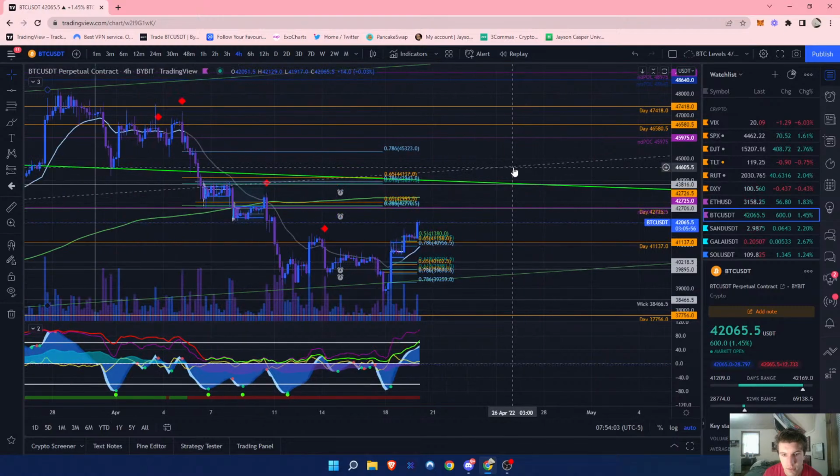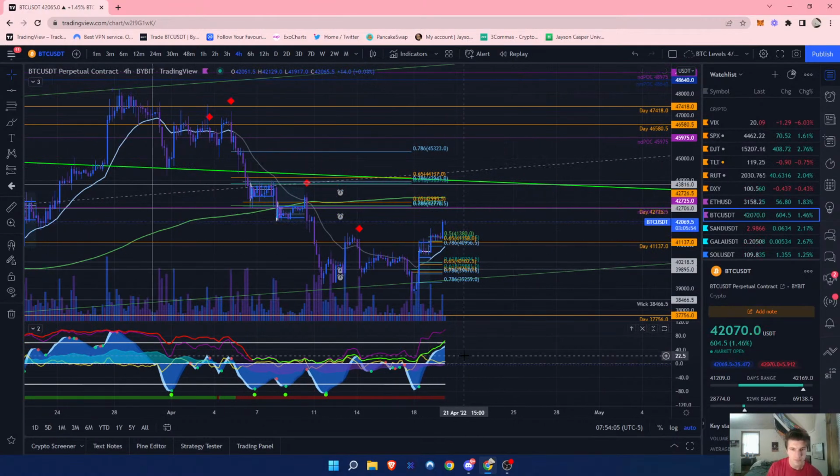Now we can look for swing trades a little bit. These RSIs are really diverging. I'm waiting for a red dot to play out, so we get a little bit of a pullback and then continue up.